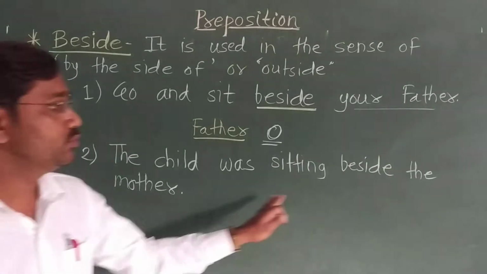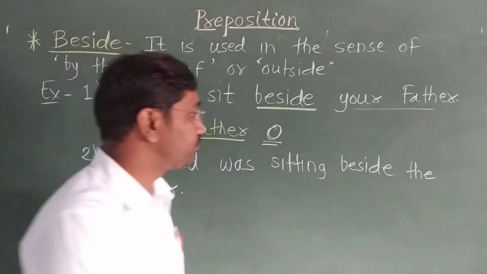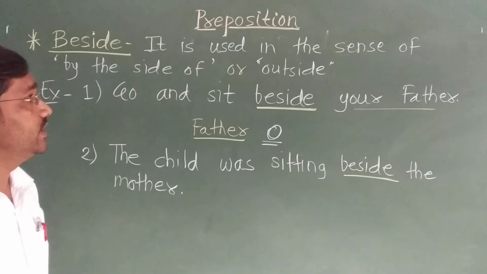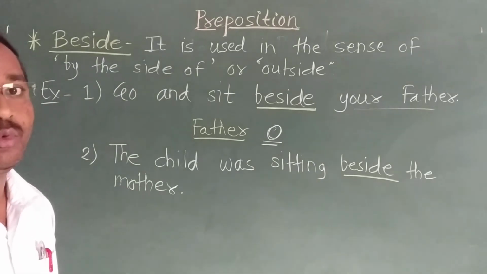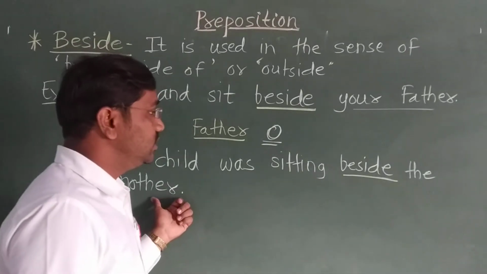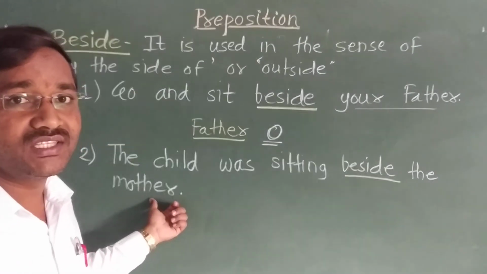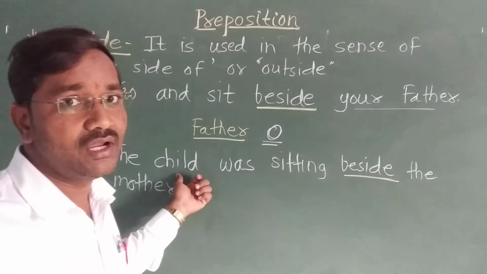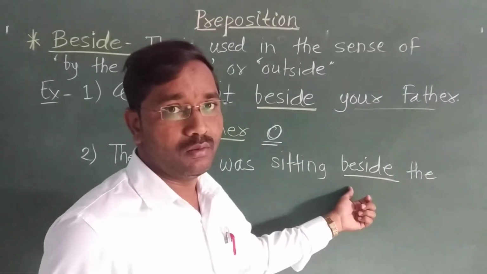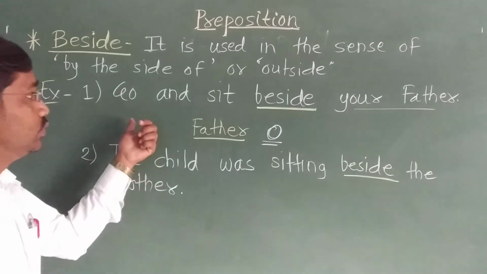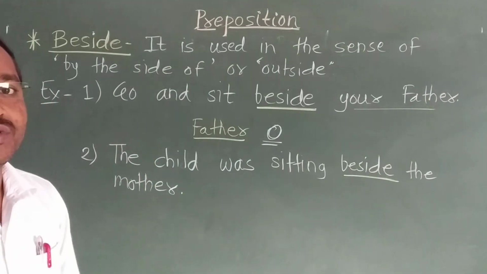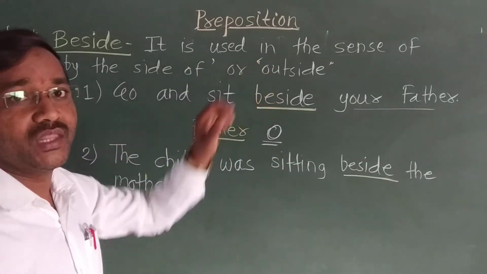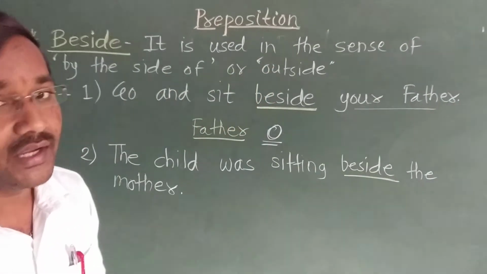So here we have used the preposition beside, and it is used in the sense of by the side of, or outside, or next to someone or something. That means here the mother has already sat at some place, and the child was also sitting next to the mother. Then we have another preposition, that is besides.